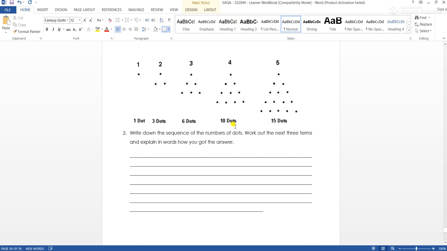So the difference between dots from 10 to 15 is 5. From 6 to 10 is 4. From 3 to 6 is 3.